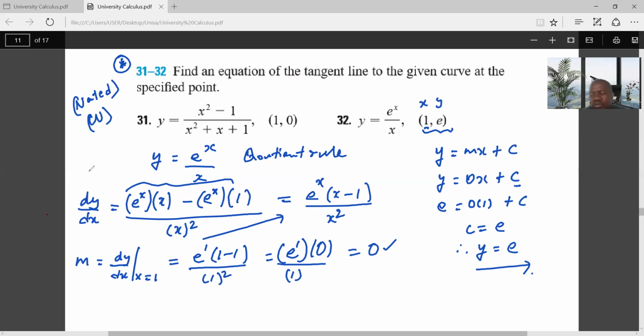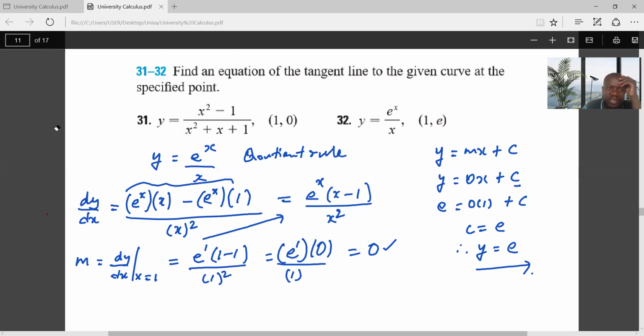Need to be able to use product rule, quotient rule, and there are still other rules which we're going to talk about, which is called the chain rule. But now I just introduced these two. Then we'll also talk about how to make a derivative of trigonometric functions. Very important. Quotient rule, product rule are very important, ladies and gentlemen.